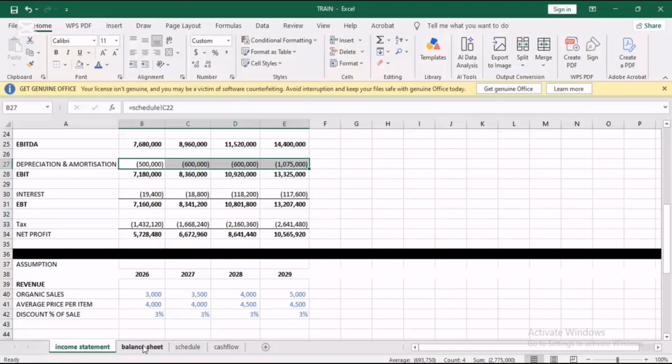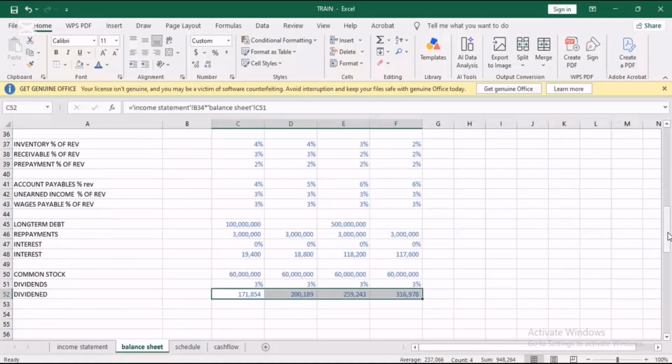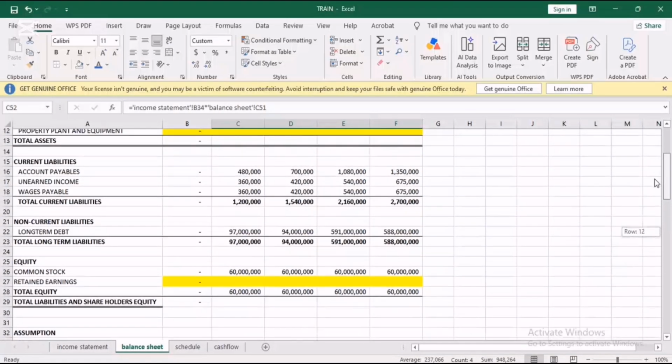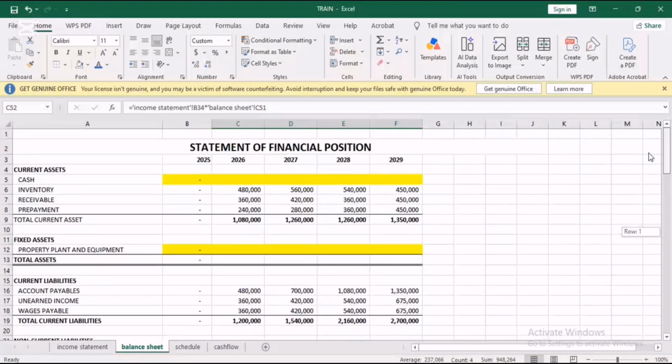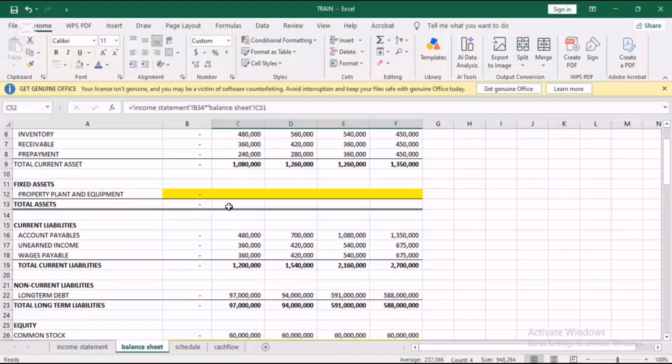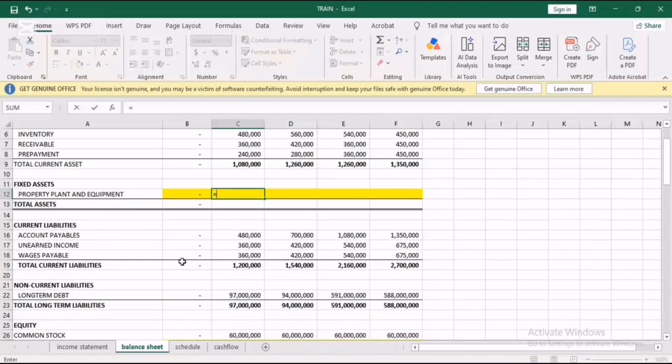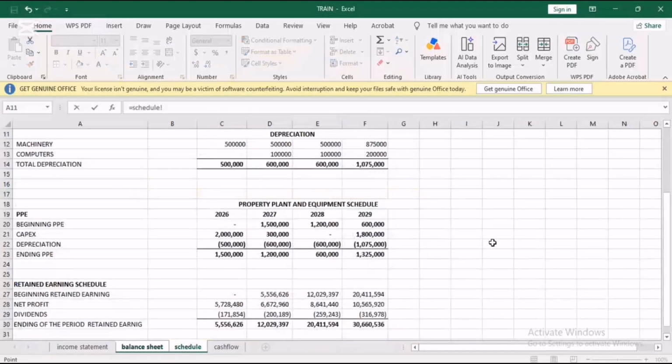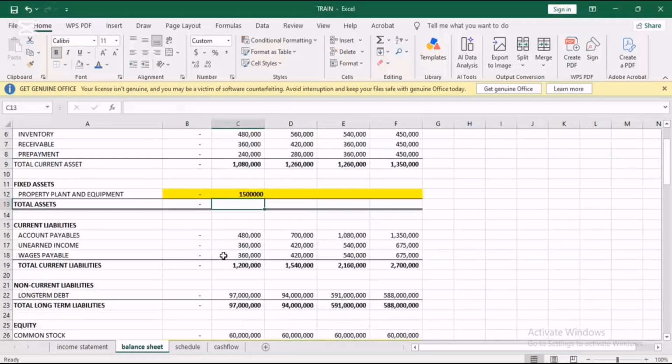So let's move on to the next, the balance sheet. So let's see where we need to populate as well. So we need to populate the cash, which will be done as soon as we ascertain our cash flows. The property, plant, and equipment, we already ascertained that. So let's hit equal to, then our schedule to the property, the PPE schedule. We hit up right here, then hit enter.